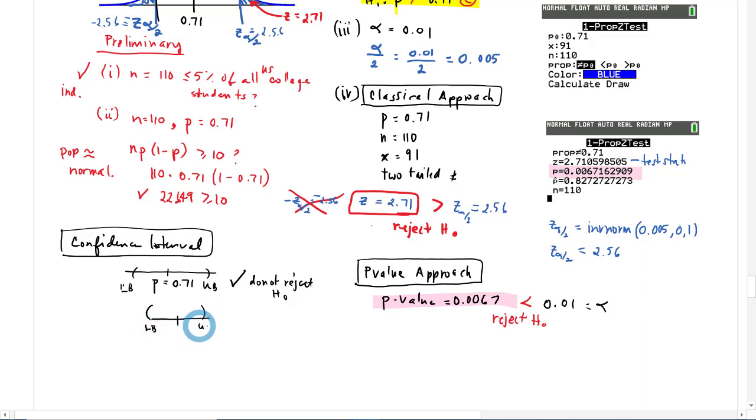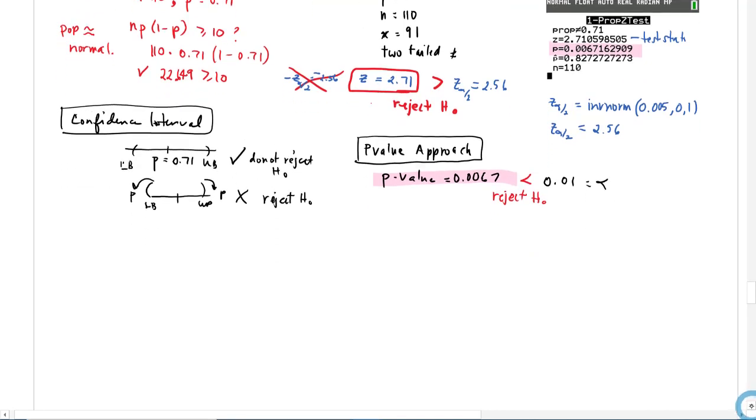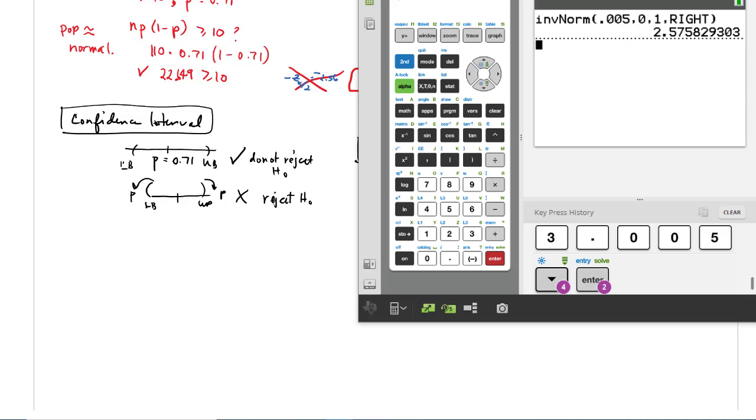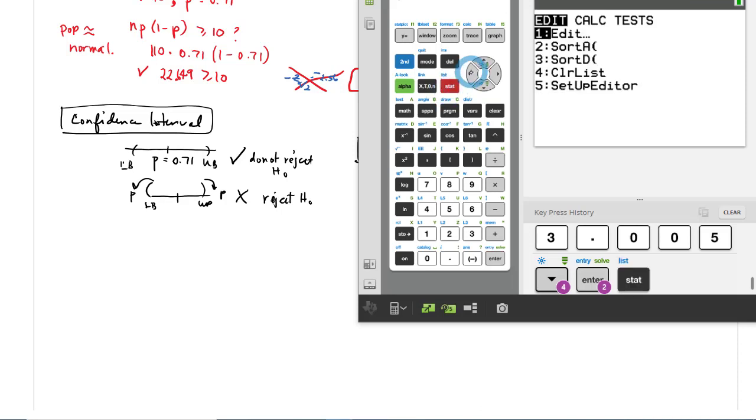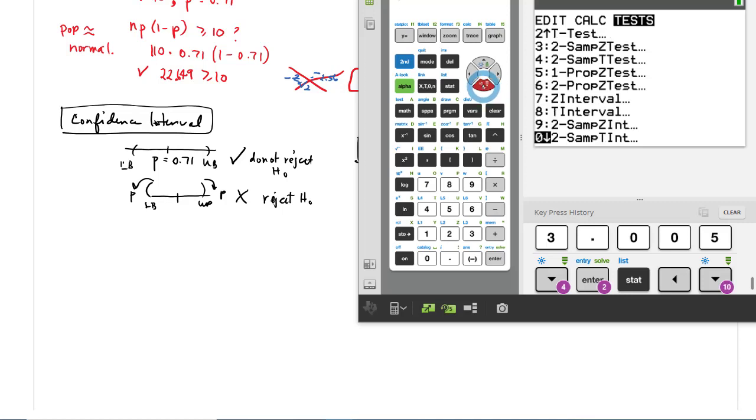Okay, so we'll go ahead and find the confidence interval in the calculator. Let's go to our calculator, and we go to stat, and we go to test, and we'll go to 1-PropZInt. So we have to just keep going down, and it's one prop z int, hit enter, and we just put in x and n, which we grabbed already from our hypothesis test, and our confidence level is 1 minus the alpha.